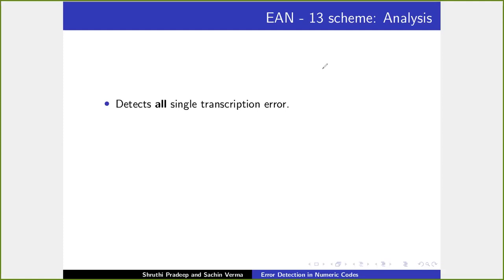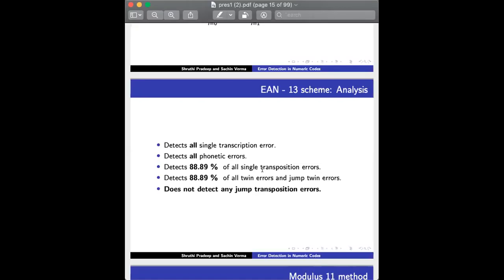Shruti, you can just put it. One thing is that earlier, if it changed the position, it really didn't affect the sum. But since now the adjacent numbers, the odd places are kept as they are and the even places are being multiplied by 3, if there is a transposition error, we can identify it.